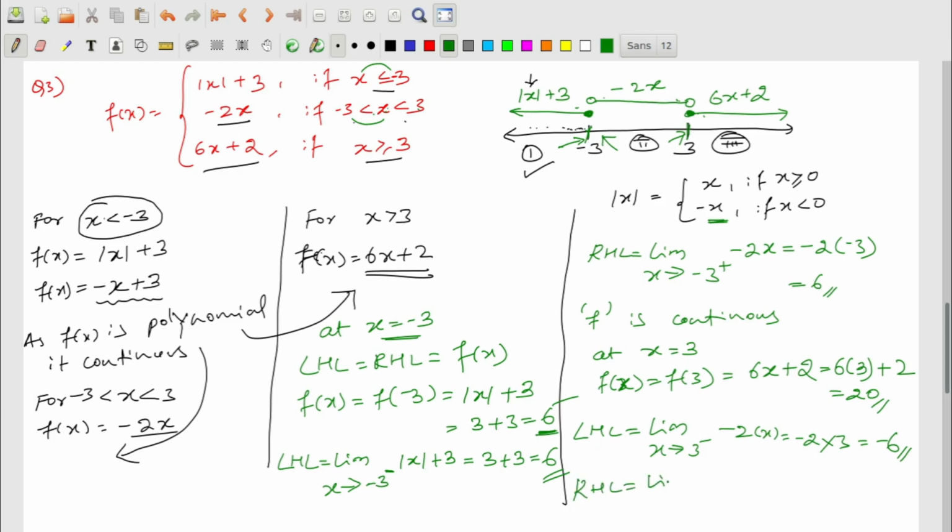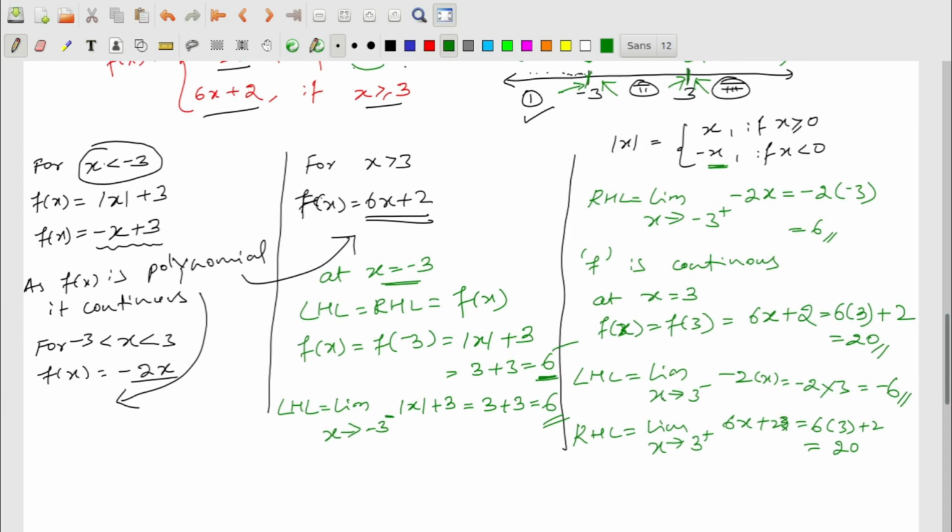RHL, limit x tends to 3 plus, from this side. So x is greater than 3, 6x plus 2, right? So then 6x plus 2, or 6 into 3 plus 2, which is equal to 20.